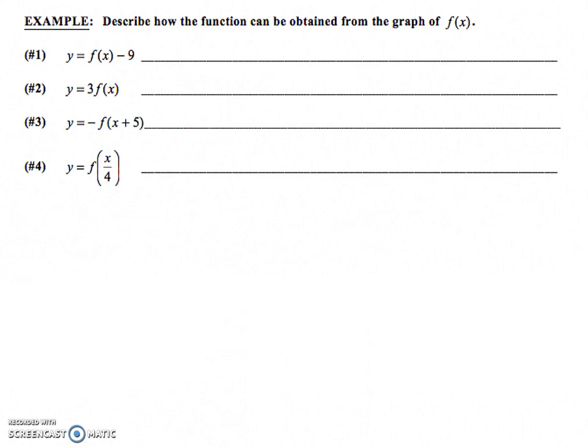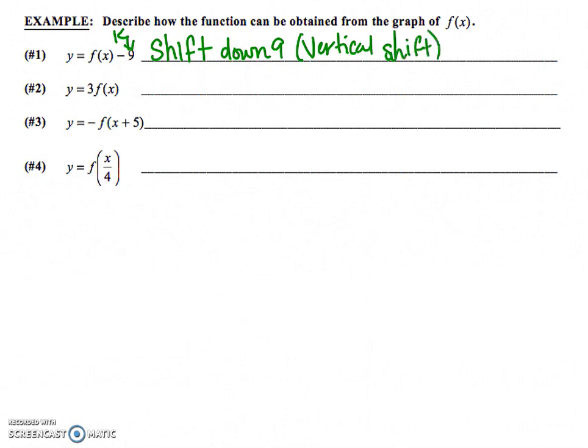So if we have y equals f of x and then we have this -9 after, then hopefully you're recalling that that's going to be a k value right here. So we are going to shift down 9. It's going to be a vertical shift.